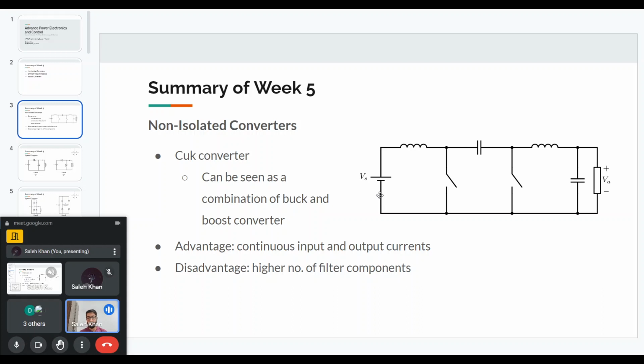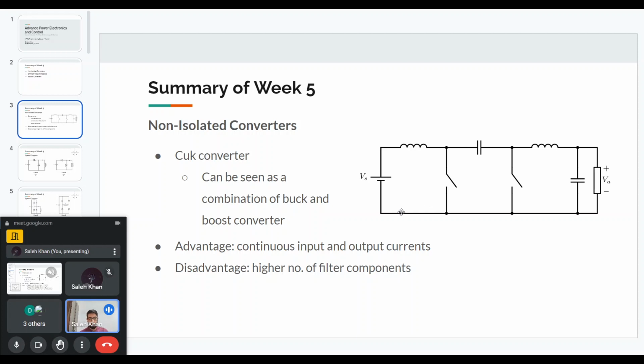If your current is varying, then your power will also vary. So by having this kind of a scheme where you have an inductor in series with the source, your current will be smoother. So it is required in some cases, and it has some advantages compared to the buck boost converter. The buck boost converter has switched input current as well as the output current.